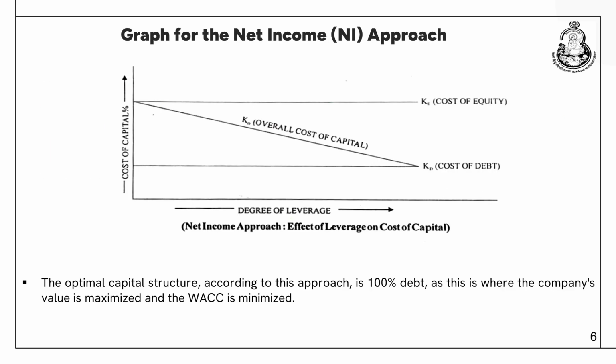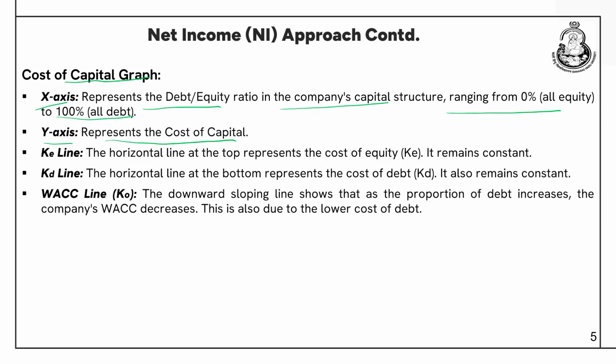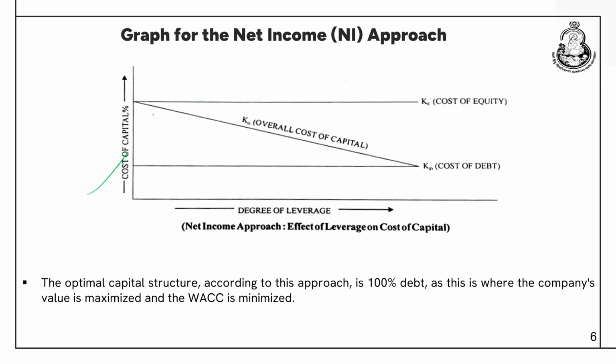So, you see the y axis represents the cost of capital, which includes cost of debt, cost of equity, and overall cost of capital. The KE line, the horizontal line at the top, represents the cost of equity and it remains constant. We have already taken an assumption that the risk perception of equity shareholders is not changed by the increased proportion of debt.